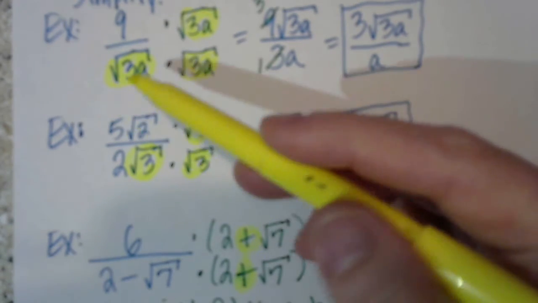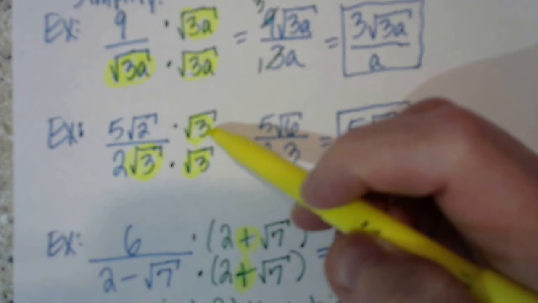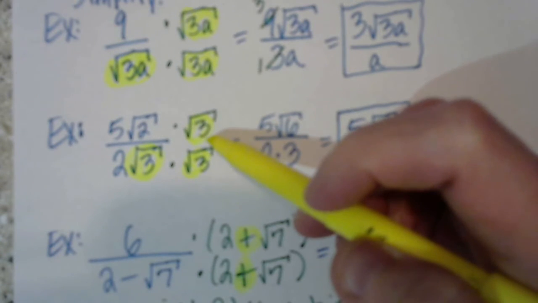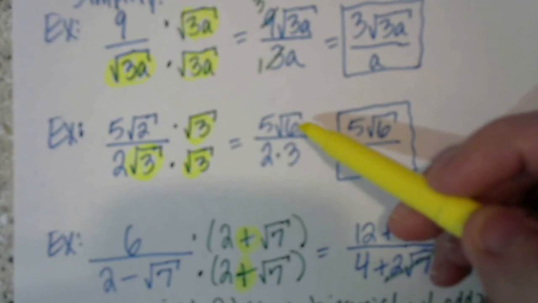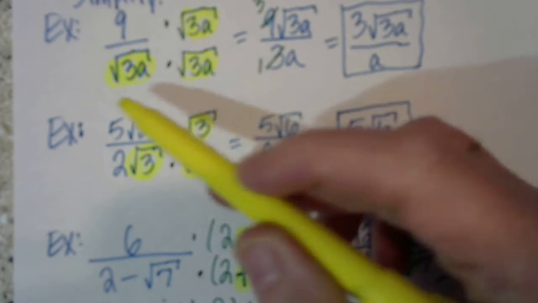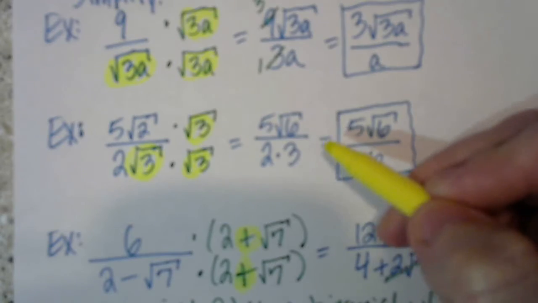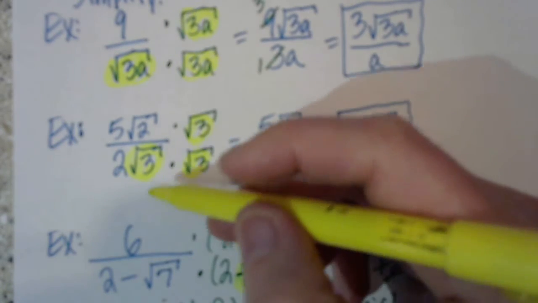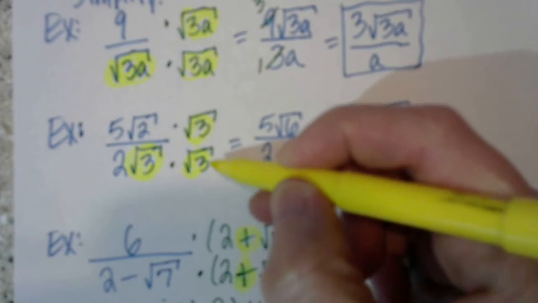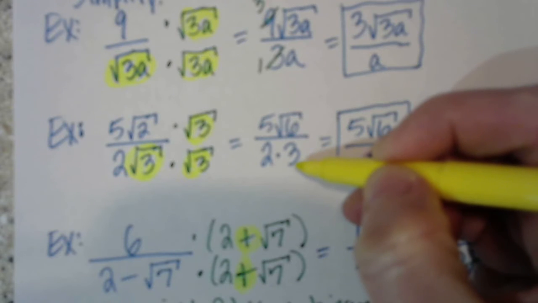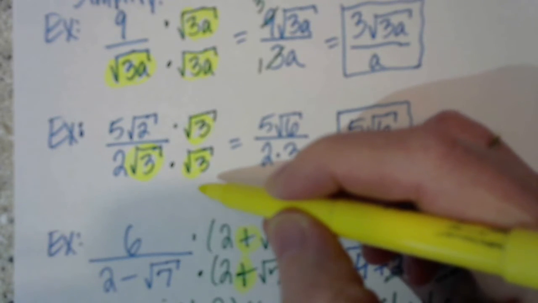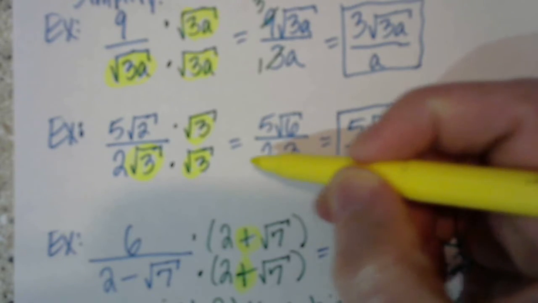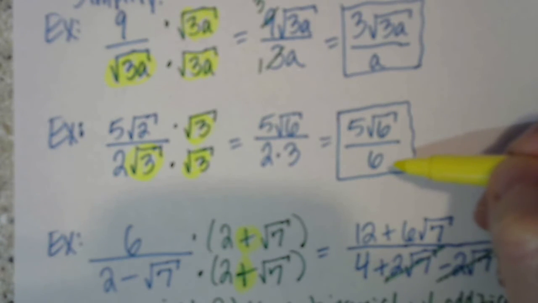So then on the top, I can multiply the 2 and the 3 because they're both underneath the square root, same type of root. So 2 times 3 is 6. The square root of 3 times the square root of 3 is just going to be 3, because isn't that square root of 9? And we know that's 3. So 2 times 3 is 6.